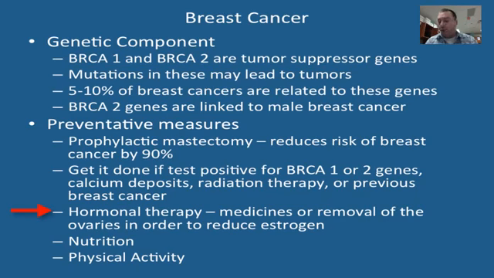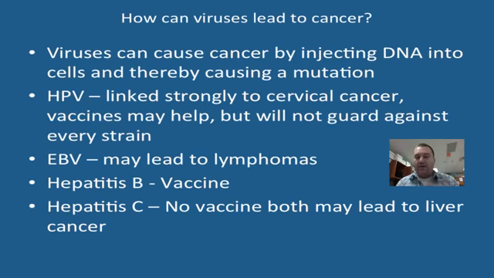You can also do hormonal therapy, because medicines or removal of the ovaries will be able to reduce the amount of estrogen, because estrogen can help trigger these BRCA1 and BRCA2 genes. And always, good nutrition and proper physical activity, in other words, making you as healthy as possible, can also help prevent the cancers.